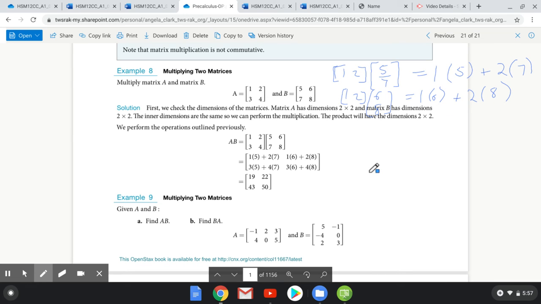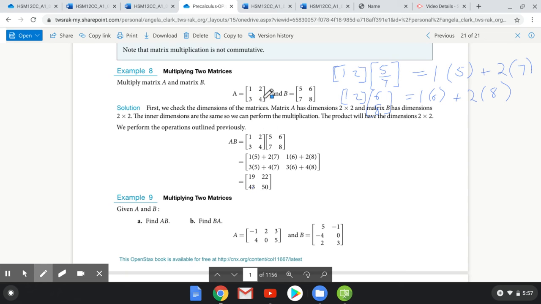All right. So then to get this next one, now we're in the second row of A and the first column, so we're in the second row, first column. So we need the second row of A and the first column of B. So whatever the location of the one you're looking for is, you need that row of A and that column of B. So this is second row, first column.